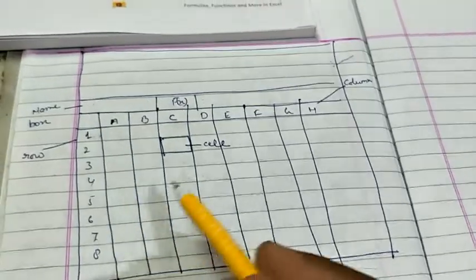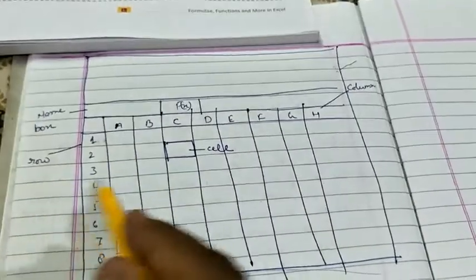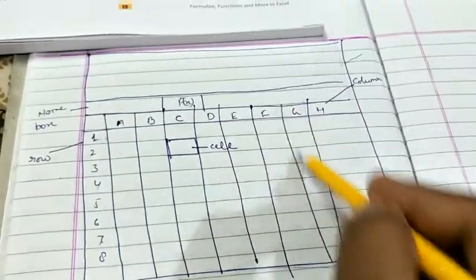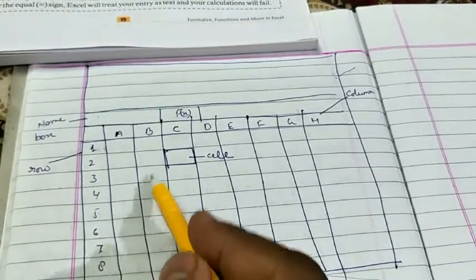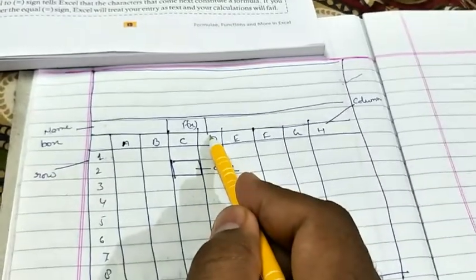Okay, you can see this worksheet is a collection of rows and columns. This line is called rows, and this line is called column. Okay, this line is called horizontal line, and this one is vertical line. This one is called row, and this one is called column.